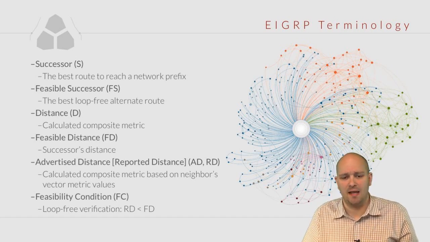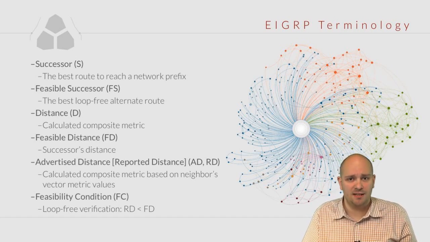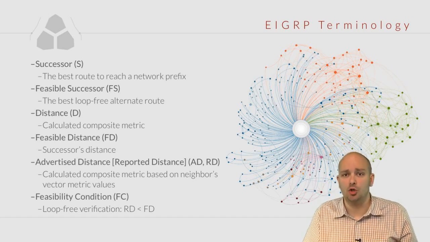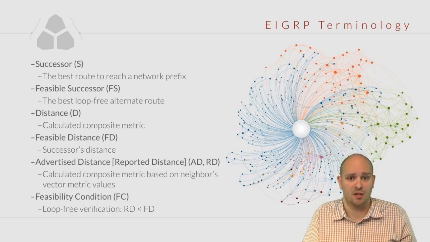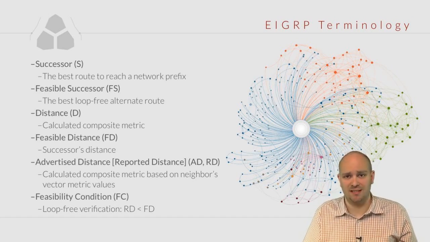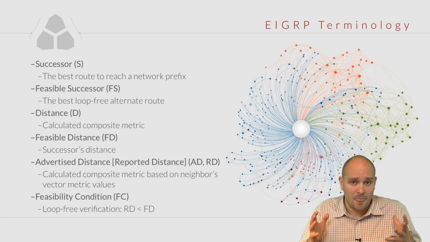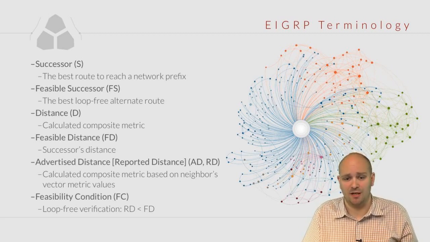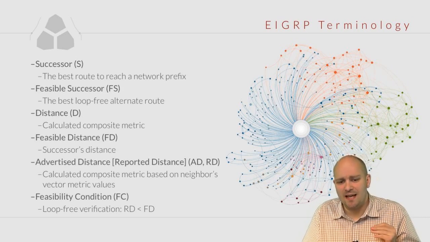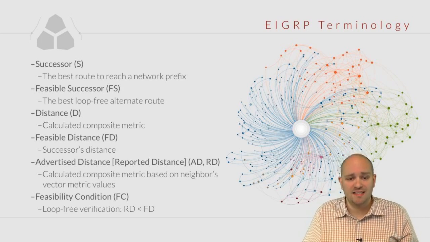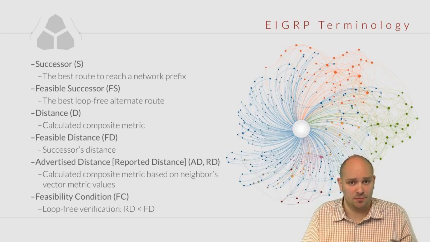I'll explain this in just a second. A feasibility condition is simply a check to determine whether we have a loop-free route. And this simple check is: is the reported distance, the calculated composite metric of the neighbor's vector metric, lower than our own best route? Is it lower than the feasible distance?